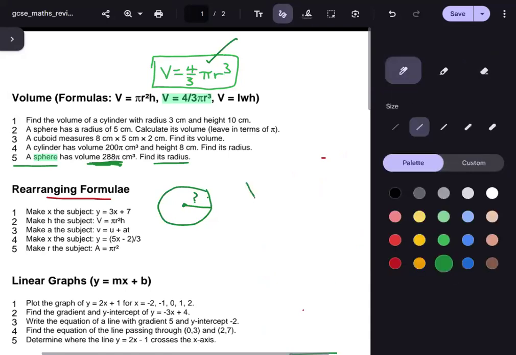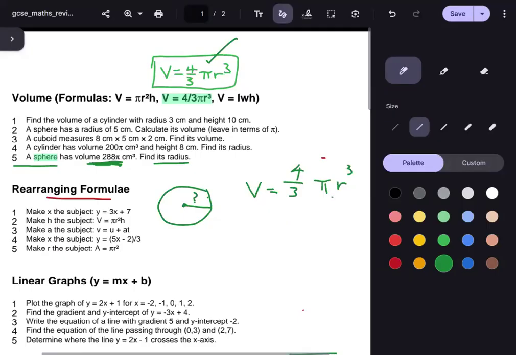Okay, so the formula we're using is V is equal to 4 over 3 pi r cubed, right?